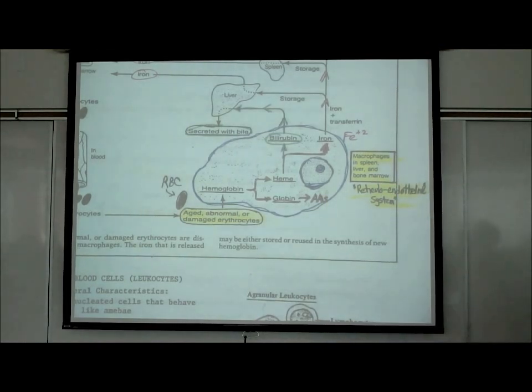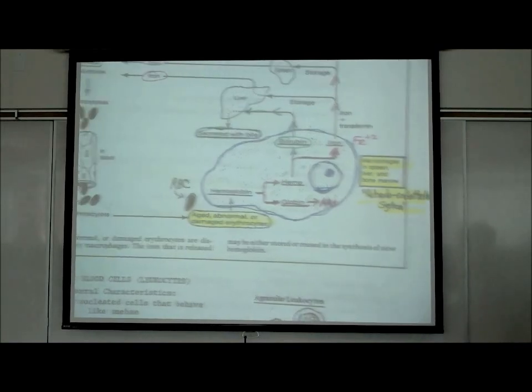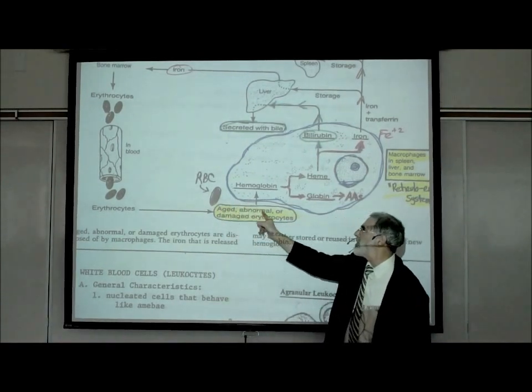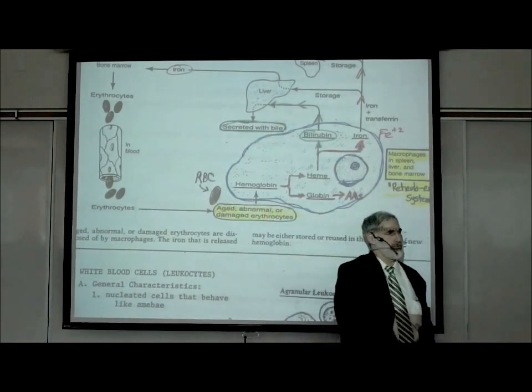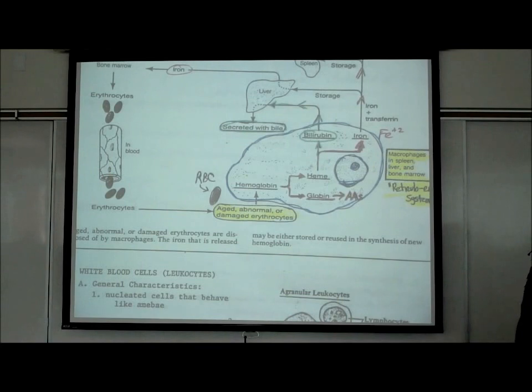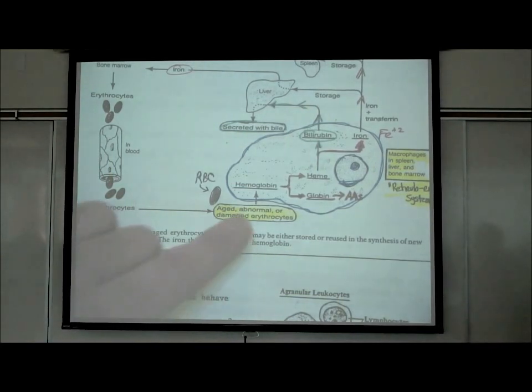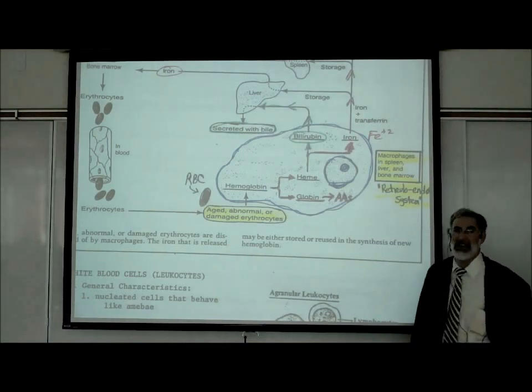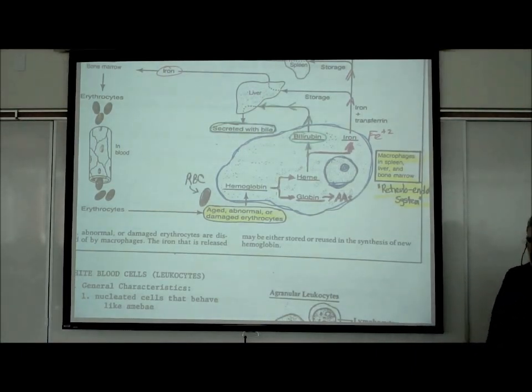So they are in our liver, among other places. And what do these large macrophages do? They swallow up aged, abnormal, and damaged erythrocytes. So the old damaged red blood cells are swallowed up by these macrophages that are inside your liver and inside your spleen and even inside your bone marrow, but mostly in your liver.